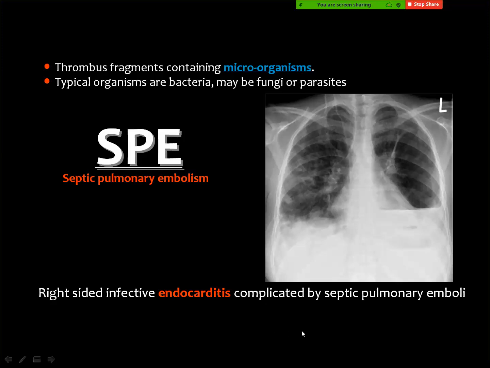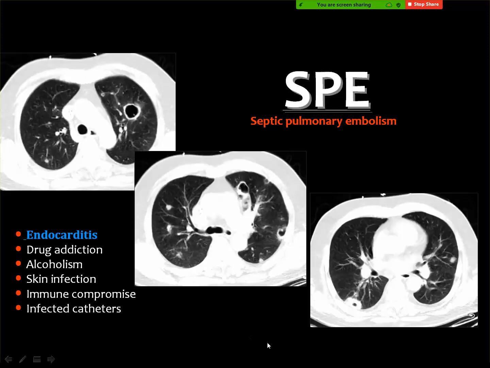The most common cause of septic pulmonary emboli is bacterial endocarditis, but there are a lot of other causes, especially for those who are drug addicts.